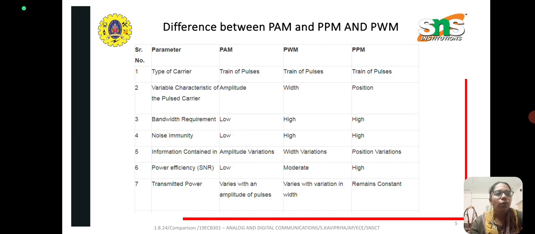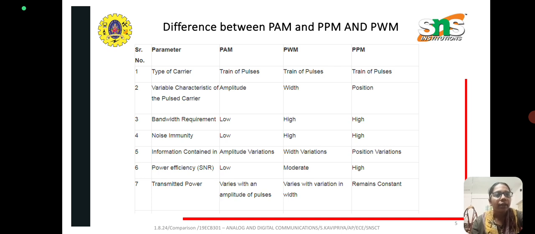So we are going to see what is the difference between PAM, PPM and PWM. First, the type of carrier in case of PAM is a train of pulses. It is the same for pulse width modulation and also the same for pulse position modulation.